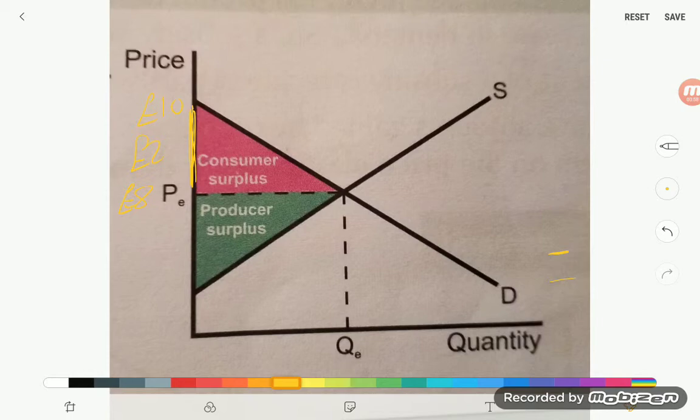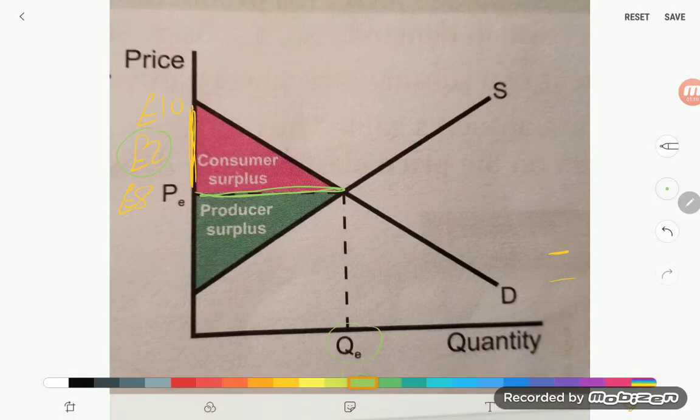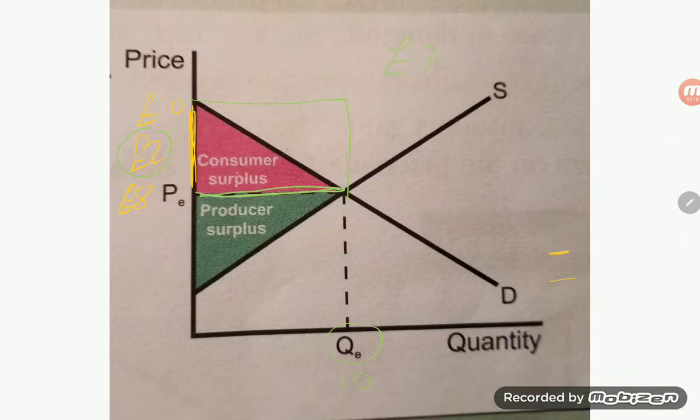So what we can do is, we've got £2 here, and we can times that by the quantity. So let's say there's 10 units bought. We end up with a total area of 2 times 10, which equals £20.